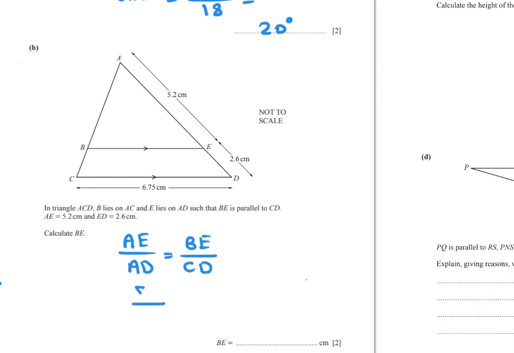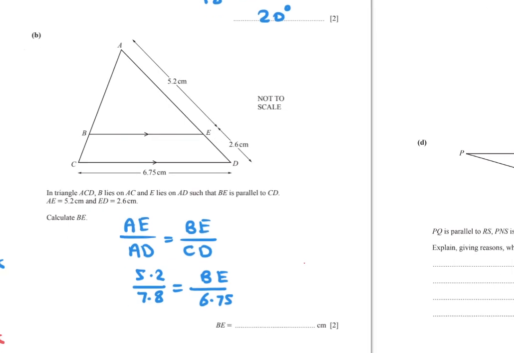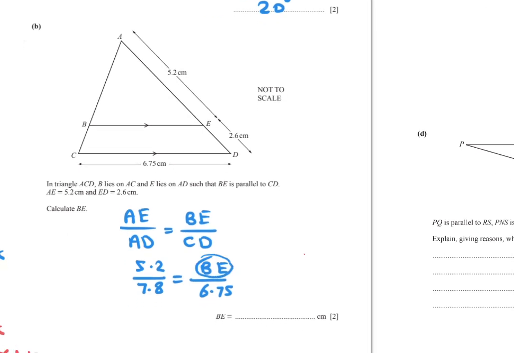AE is 5.2, AD is 5.2 plus 2.6, which is 7.8. BE we need to find. CD is 6.75. Now cross multiply to find BE: BE equals 6.75 times 5.2 divided by 7.8, which equals 4.5.